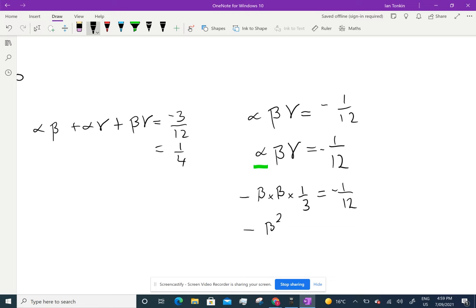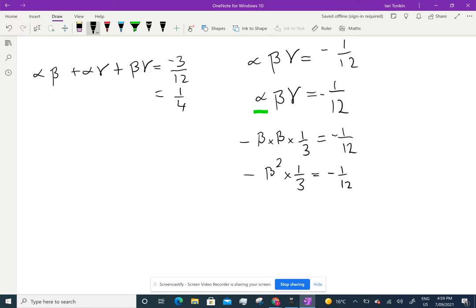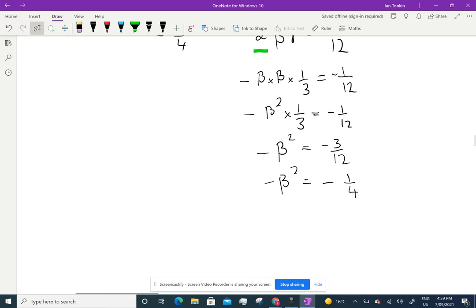So I'm going to get minus beta squared times a third equals minus a 12th. Well, let's multiply that 3 over. So minus beta squared equals minus 3 on 12. Minus beta squared equals minus a quarter. The negatives will cancel, so beta squared equals a quarter.